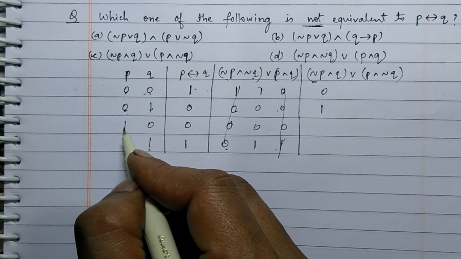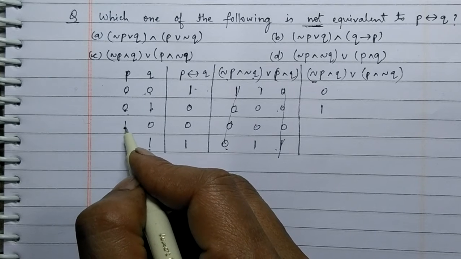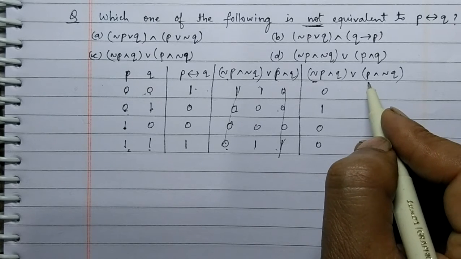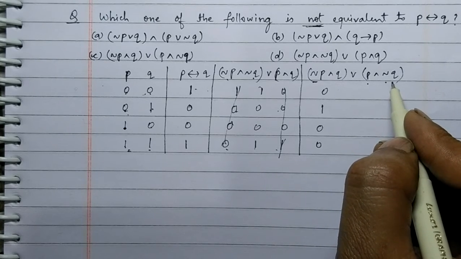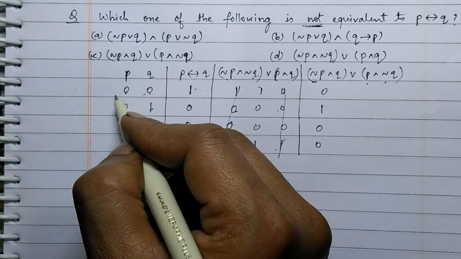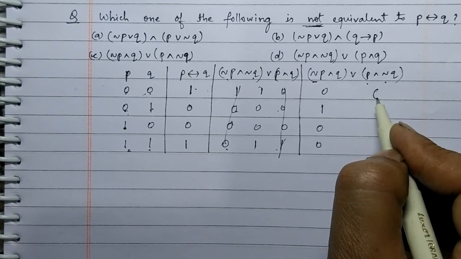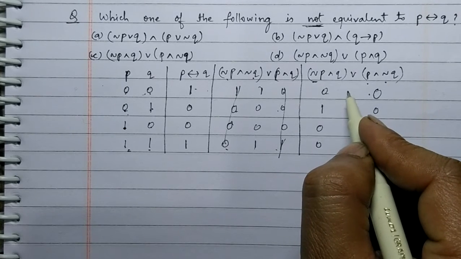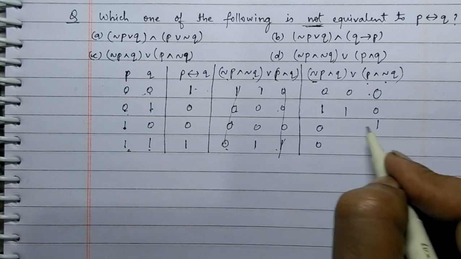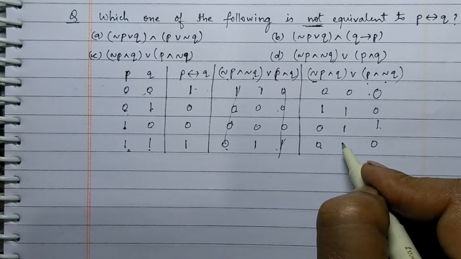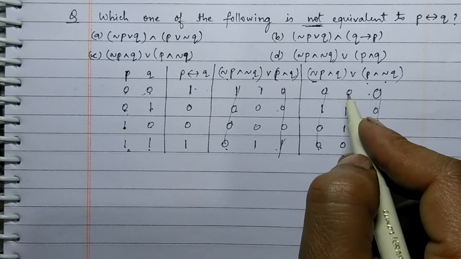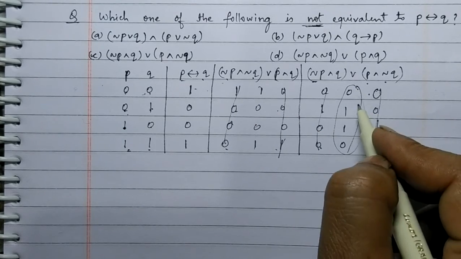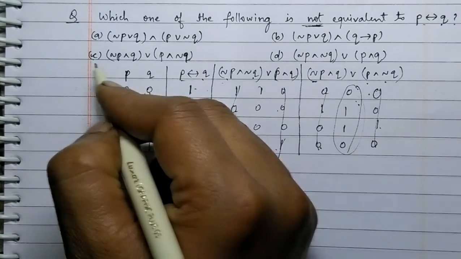Not P and Q gives 1, 0, 0, 0. In the same way P and not Q: here Q is 0, so it becomes 1, 1 and 0, the result will be 0, and so on. Then 1 or 0 is 1, 0 or 1 is 1, 0 or 0 is 0. You may compare this. C is just the opposite of P biimply Q, so it is not equivalent to P biimply Q. The answer will be C.